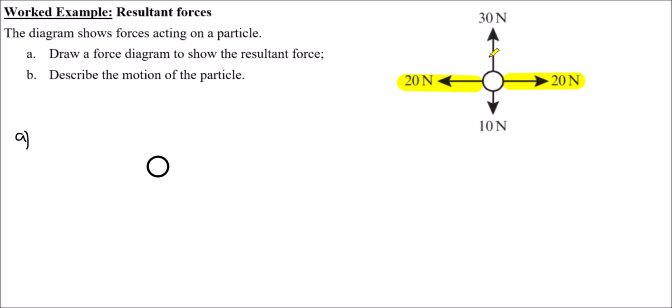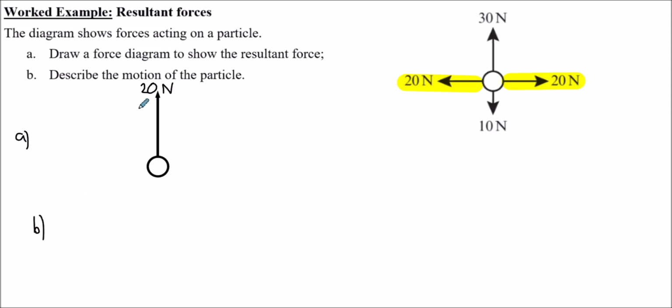So the overall force going up will be 30 newtons, take away 10 newtons working against it. So 30 minus 10, essentially there's a force going upwards of 20 newtons overall. So that's the overall resultant force on the object, 20 newtons going up.